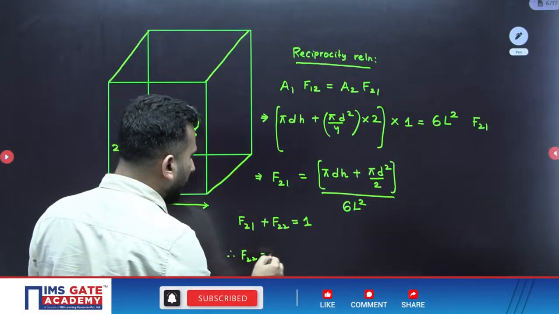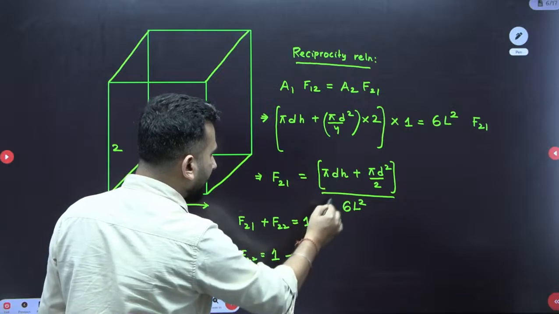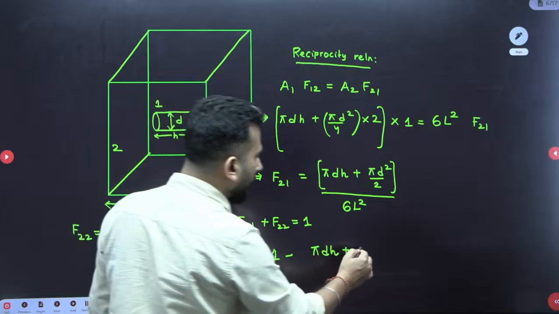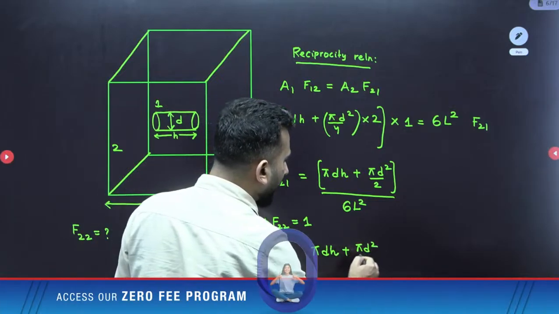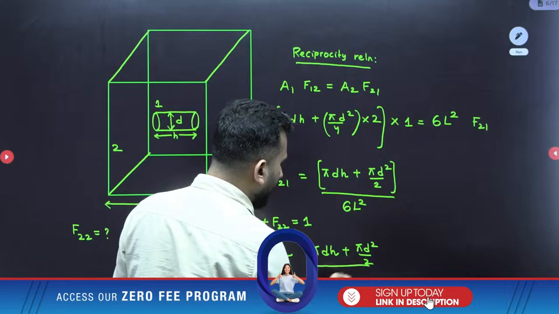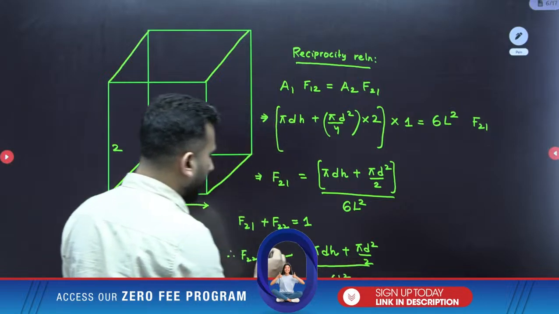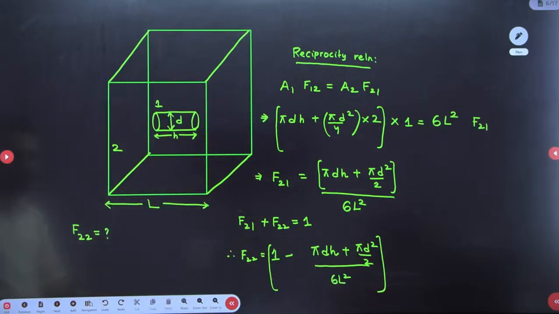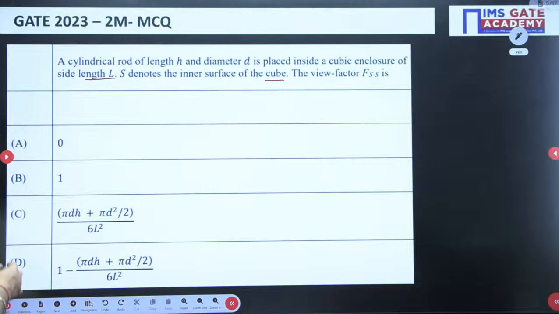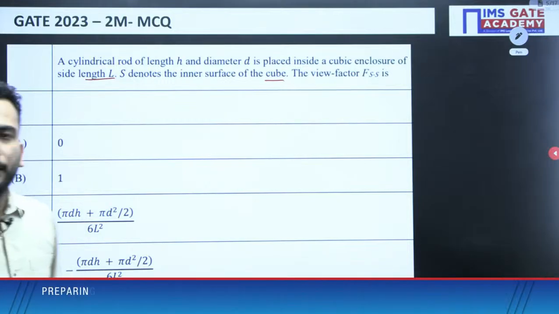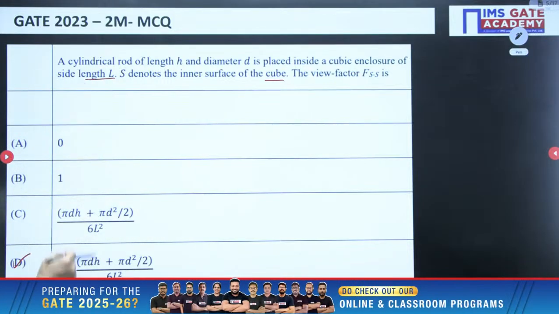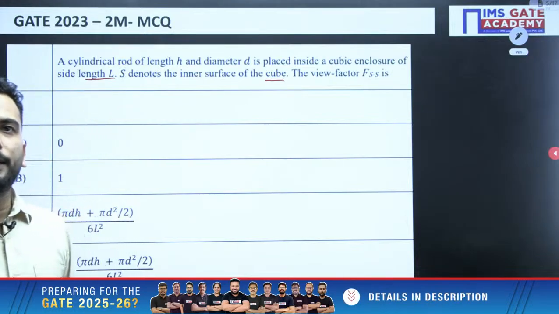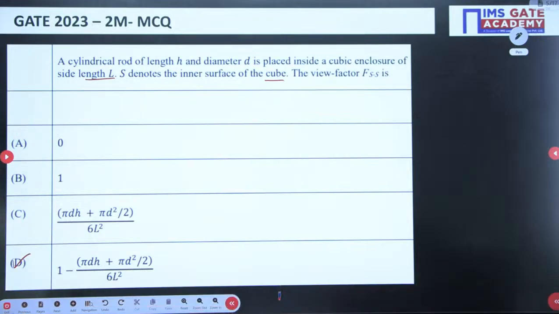So F22 will be 1 minus F21, where F21 is pi dh plus pi d square by 2 divided by 6L square. So this is going to be the final answer, right? If you check the options, it will be option D. So this is using the reciprocity relation. You just need to know the fact, and apart from that you will get the answer very easily.